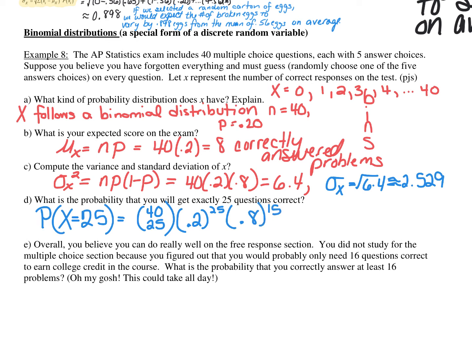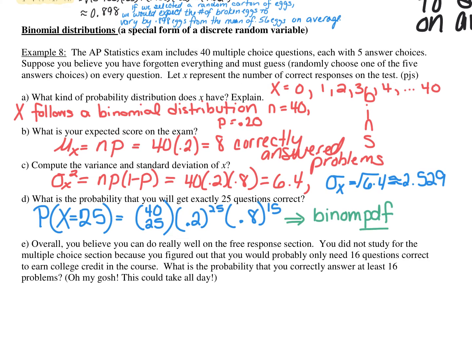Okay, so you can compute this on your calculator, but I'm guessing most of you would bypass that and go to the calculator command binom PDF. So remember, there's PDF and CDF. We're using PDF here because it's for one discrete value of 25.